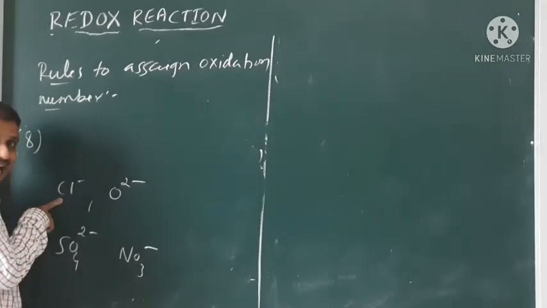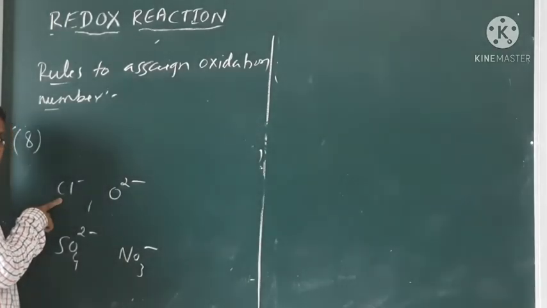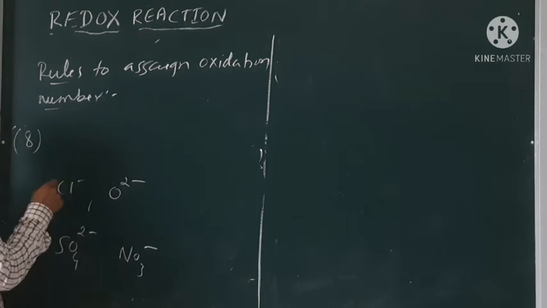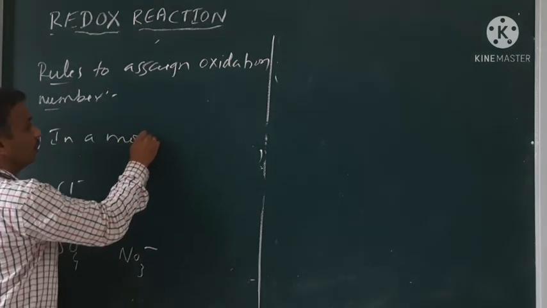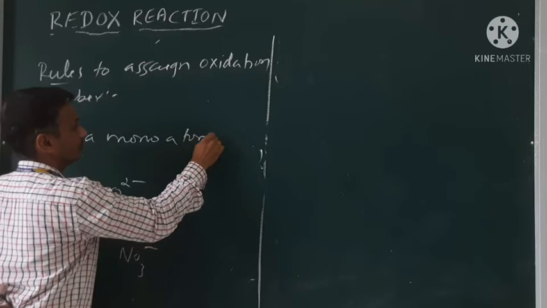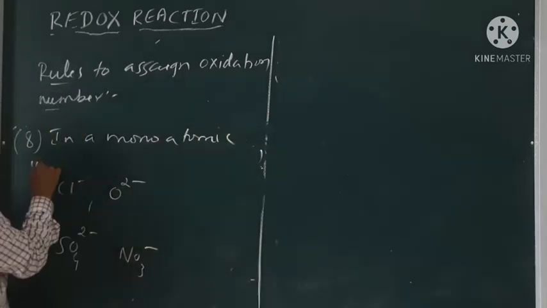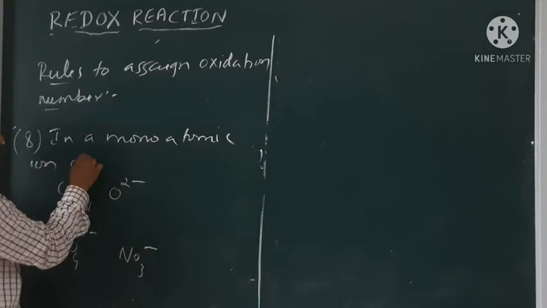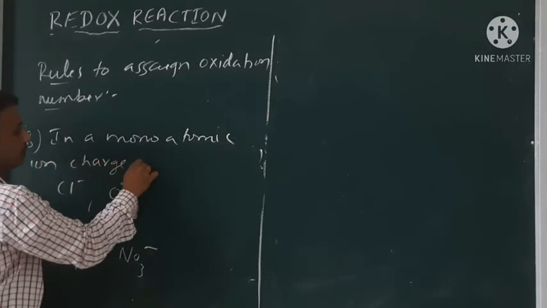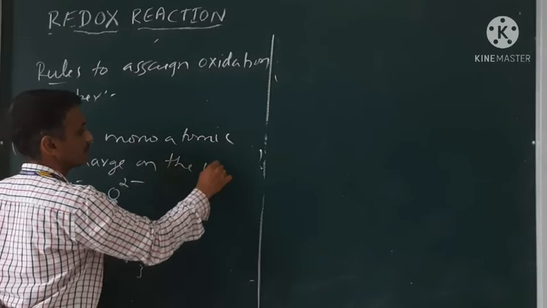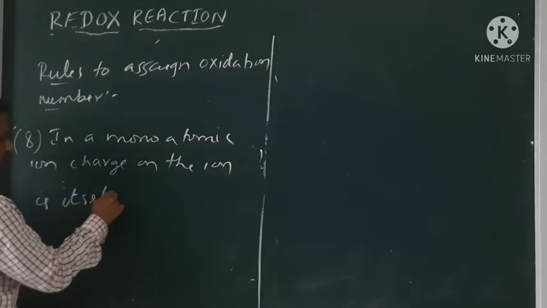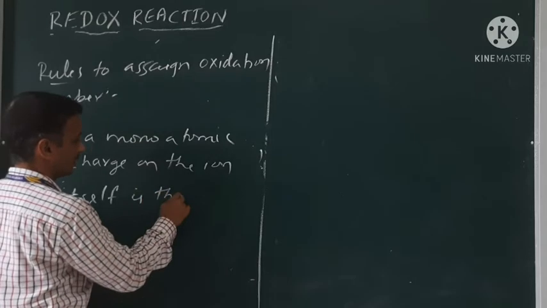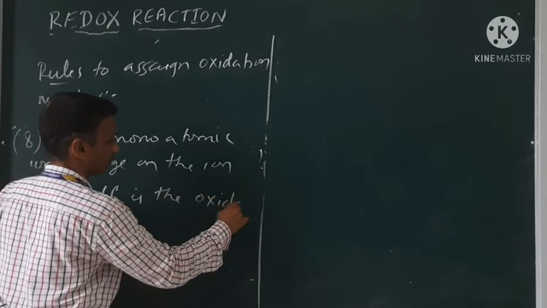Here, atom itself is an ion, monoatomic ion. In a monoatomic ion, charge on the ion itself is the oxidation state.